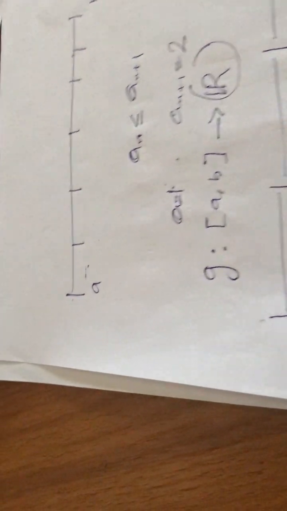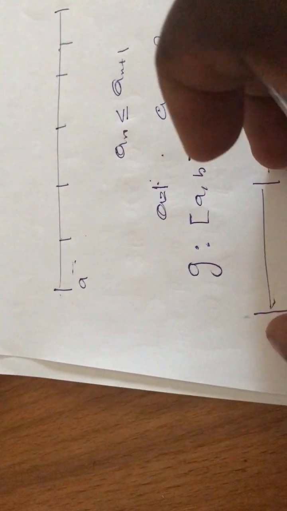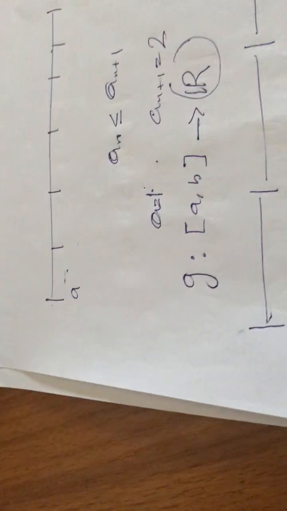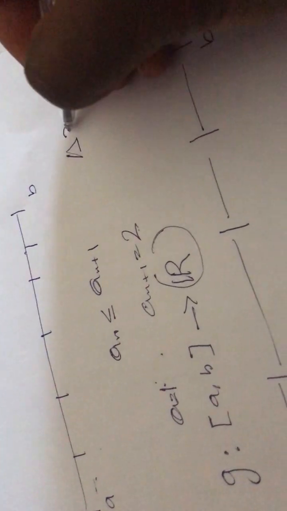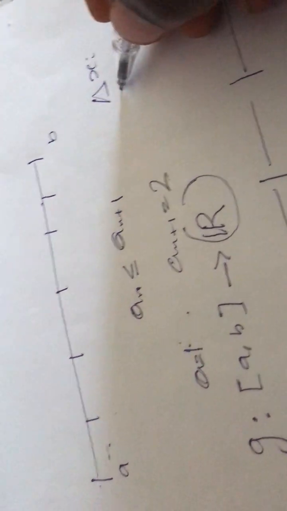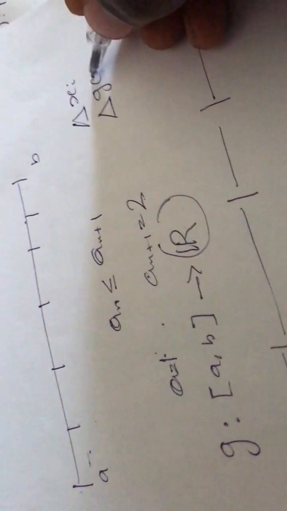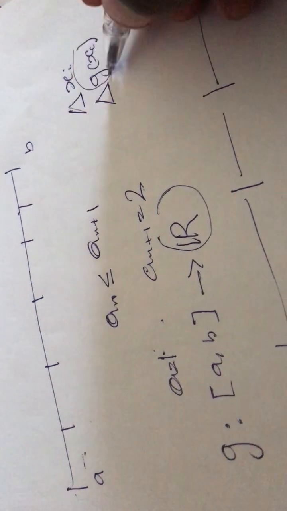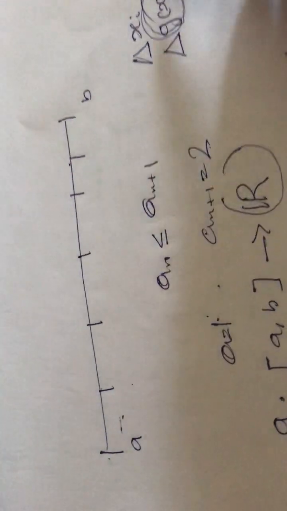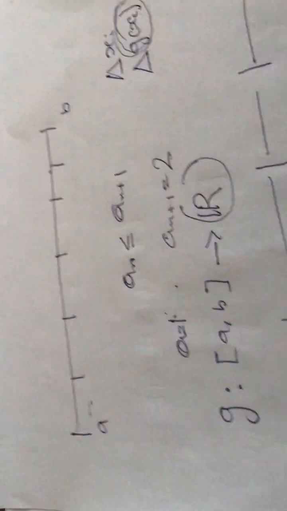Thereby, this will now serve as our new x. So instead of writing delta x, now we are going to be writing delta g of xi, because this is serving as our new x.